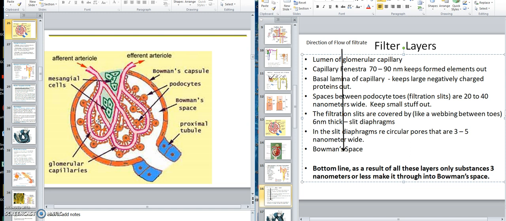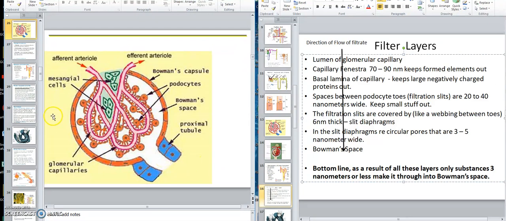Now, the filter basically is this. The blood needs to be filtered of waste, but the filter should not let out big things and negatively charged things. The only thing that should go into the filter is something that's 3 nanometers or less in diameter.